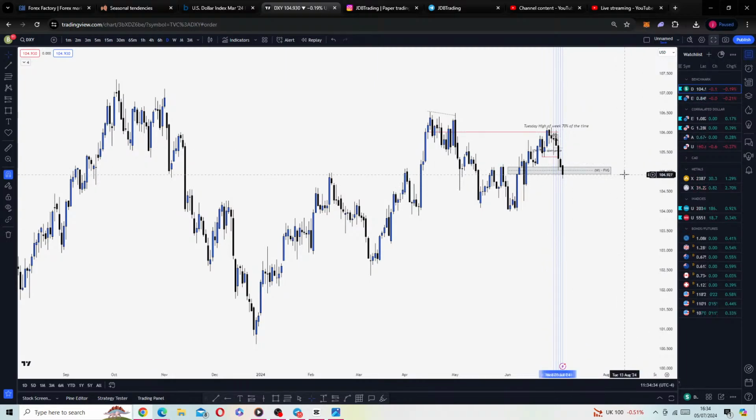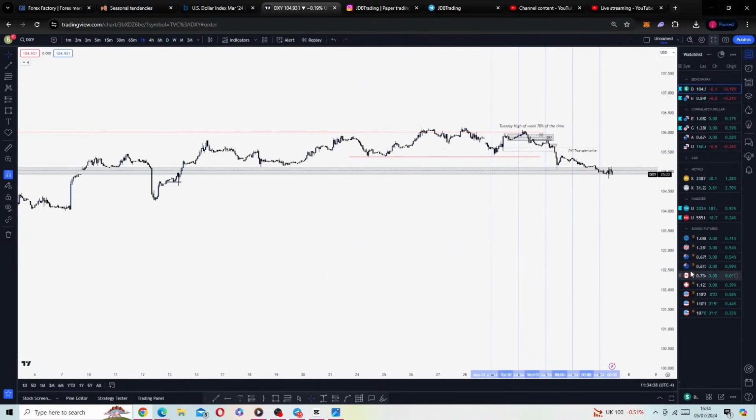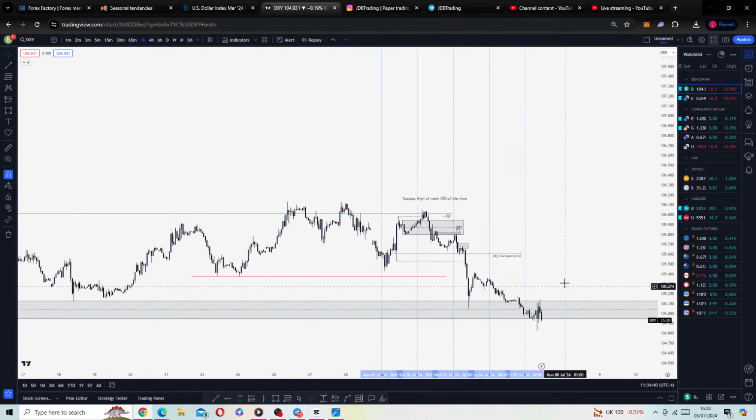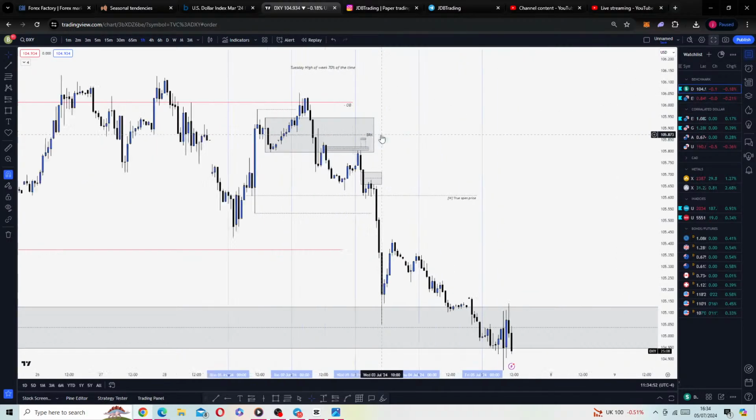That's when price is in symmetry, and you get these moves that you want to be in, and it's basically the full expansion of the weekly candle, and you can get really good gains from this. So that's my weekly analysis on DXY.